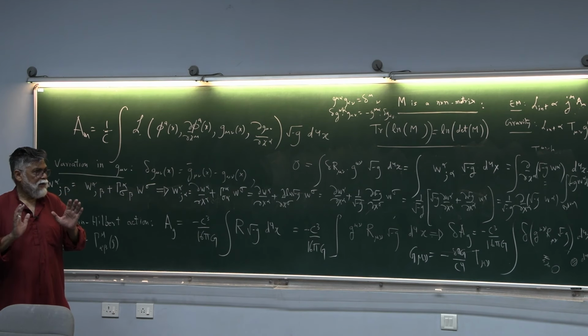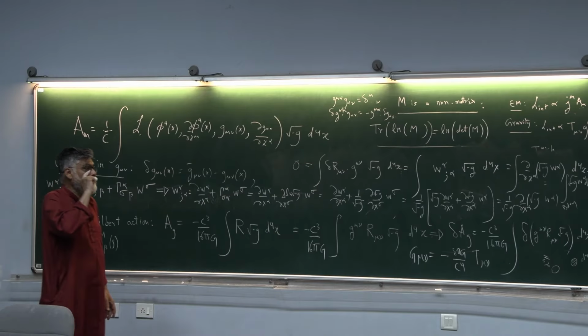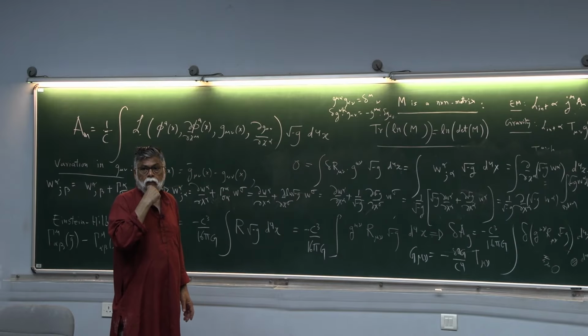So I did this entire analysis. Before that, here on the boundary, it is not only delta g mu nu that is set to 0, the first derivative of the variation is also set to 0. That's two different conditions, right?